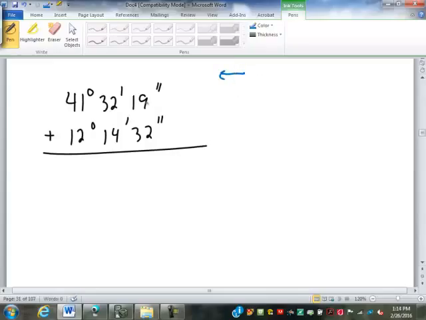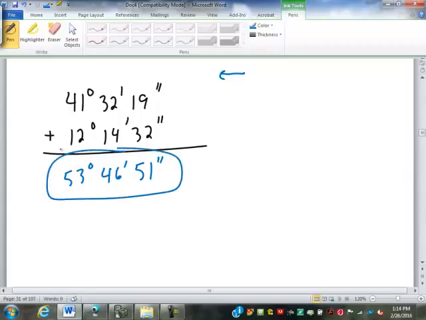We're going to add the seconds. 19 and 32 make 51. Do we have to carry anything? No, where would we have to carry? If we went over 60. 32 plus 14 is 46 minutes. And then 41 plus 12, 53 degrees. 52 degrees, 46 minutes, 51 seconds. Doesn't matter.